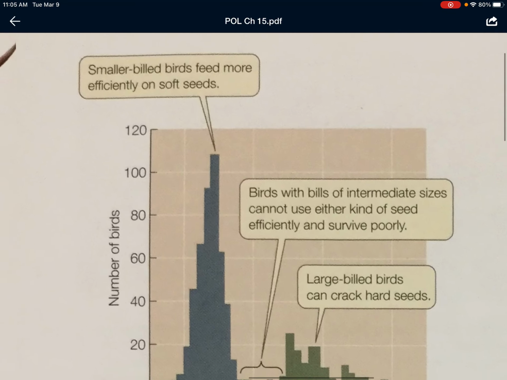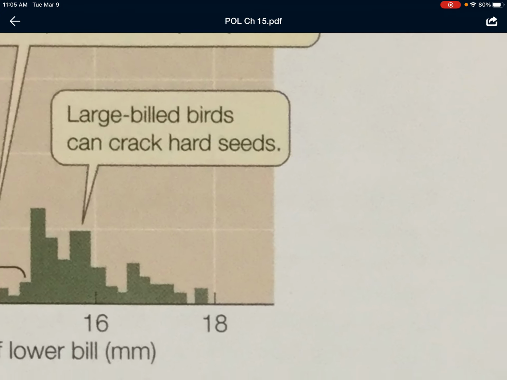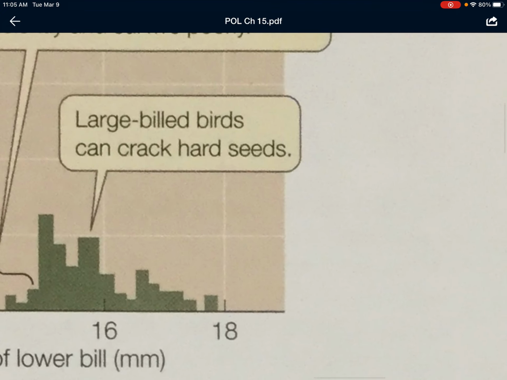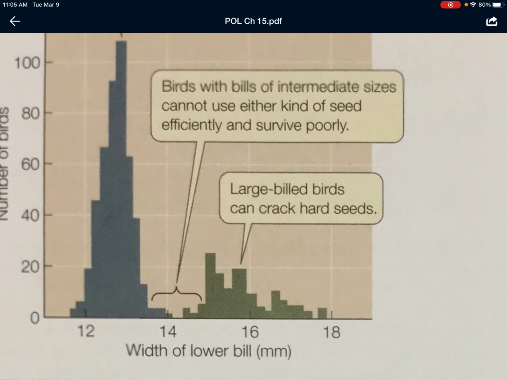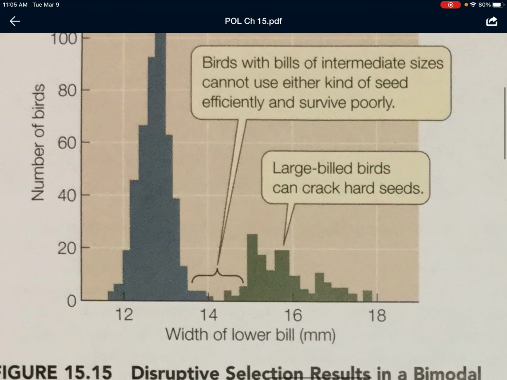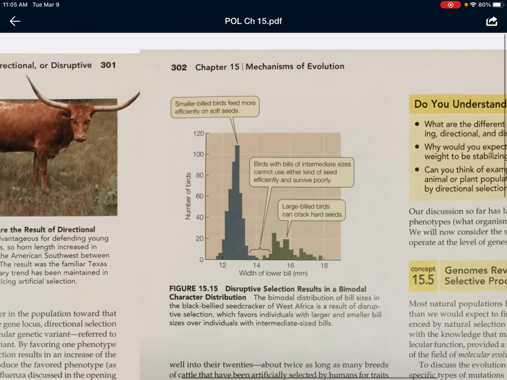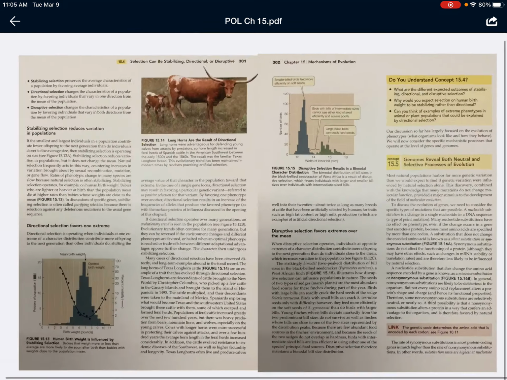Smaller billed birds could feed more efficiently on soft seeds, so they tended to survive and do well. Larger billed birds could crack open the harder seeds, but individuals with medium-sized bills didn't do very well because they didn't have a seed source that worked for their bill size. That's an example of disruptive selection.